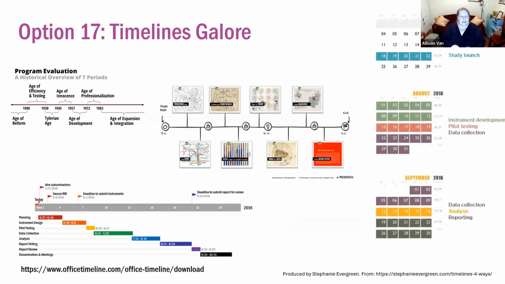Timelines. There are many different ways that you can portray timelines, and it's not actually that hard to do something that's pretty compelling. So I'll start with this one because I just found it so charming. This was done by Stephanie Evergreen and just uses these hand-drawn icons to show the agenda for a workshop.